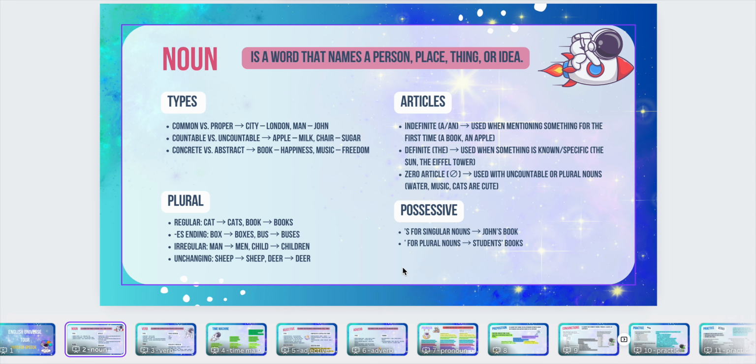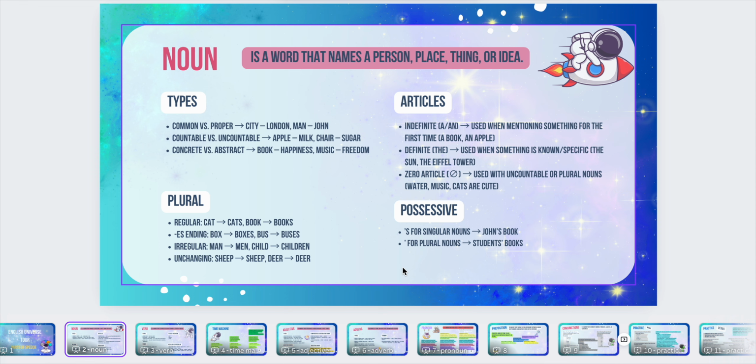We can see how many packs of milk are in the box, for example, but we cannot count the proper number of milliliters or liters. So it's uncountable, and it's important to remember because grammar rules are different for countable and uncountable.